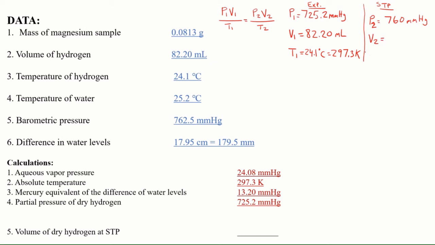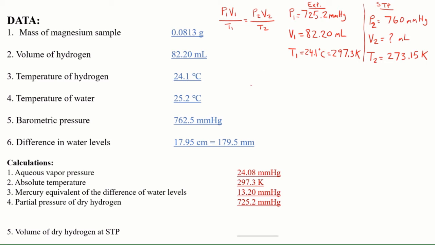We're looking for the volume, so our V2 here is what we're looking for, and we're going to obtain this in milliliters because here we have it in milliliters. And then standard temperature is 0 degrees Celsius, which is 273.15 Kelvin.